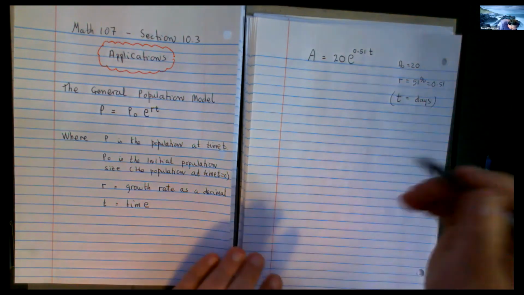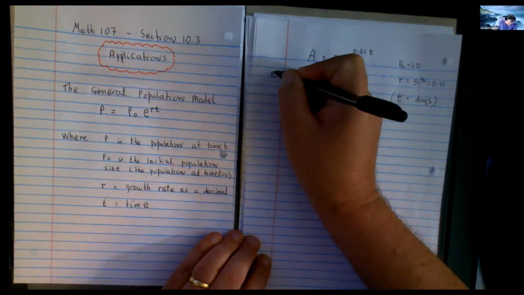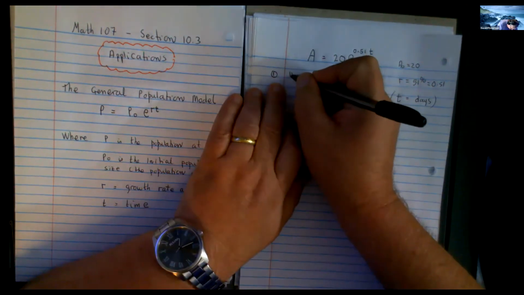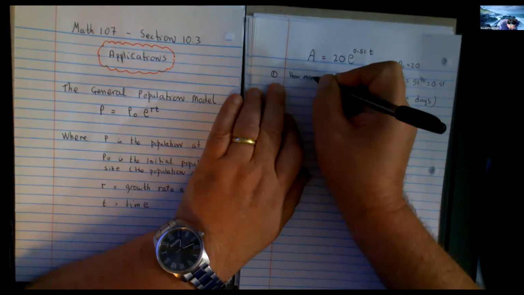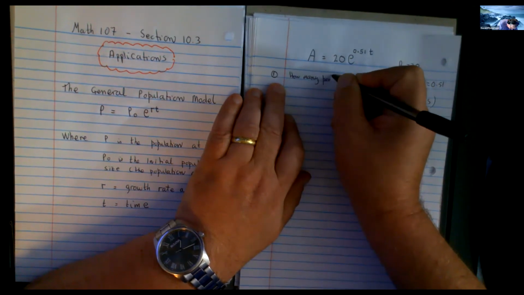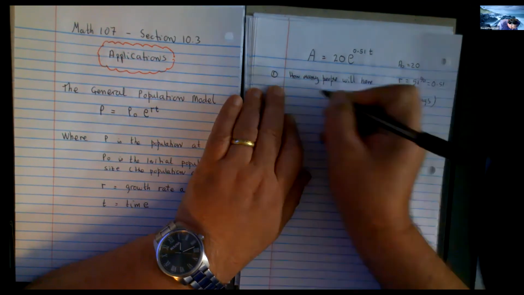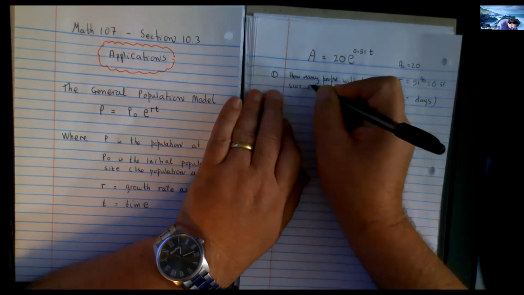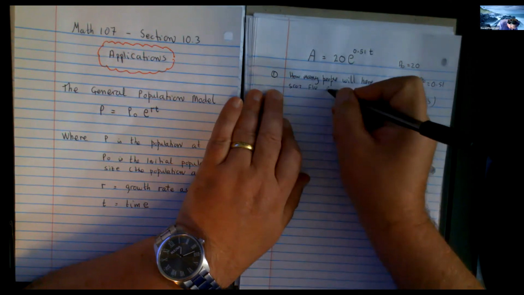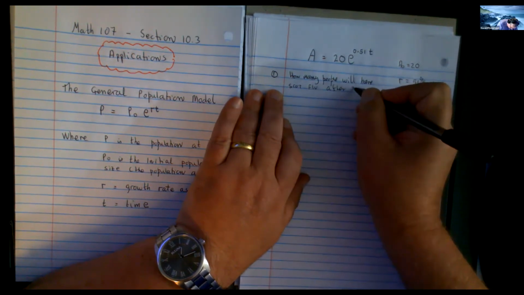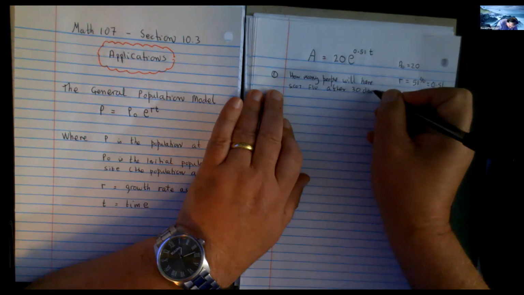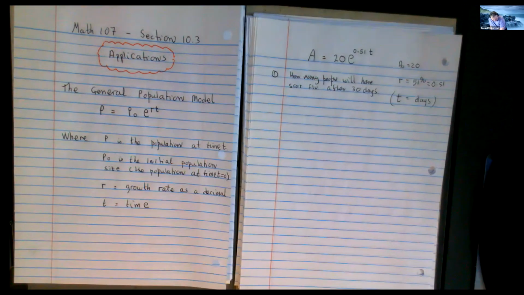So the two questions we're going to have: question 1, how many people will have the Scottish flu after, say, a month, after 30 days? Before we get the answer to this, do you think the answer is going to be in hundreds or in thousands? What's your gut feeling?